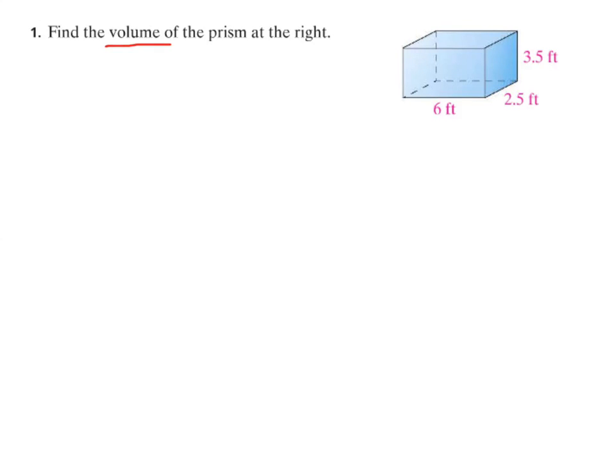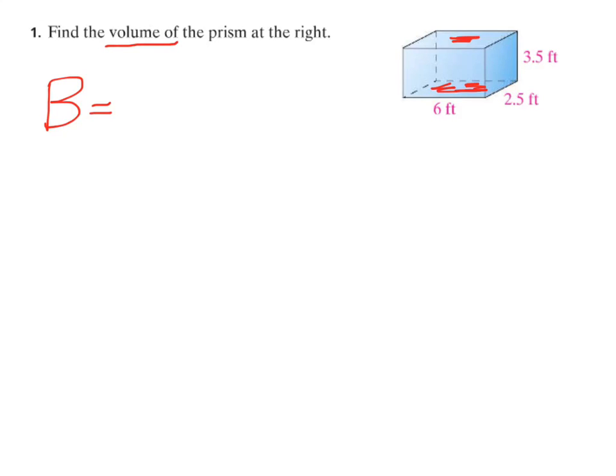Find the volume of the prism at the right. First, what is the shape of the base? The shape of the base is a rectangle. Because this is the base and this is the base, let us find the area of the base, which is a rectangle.